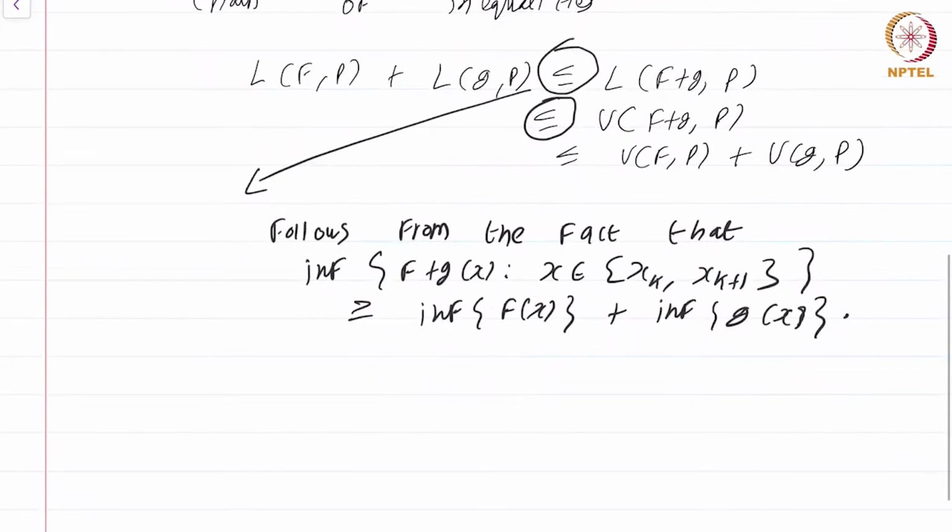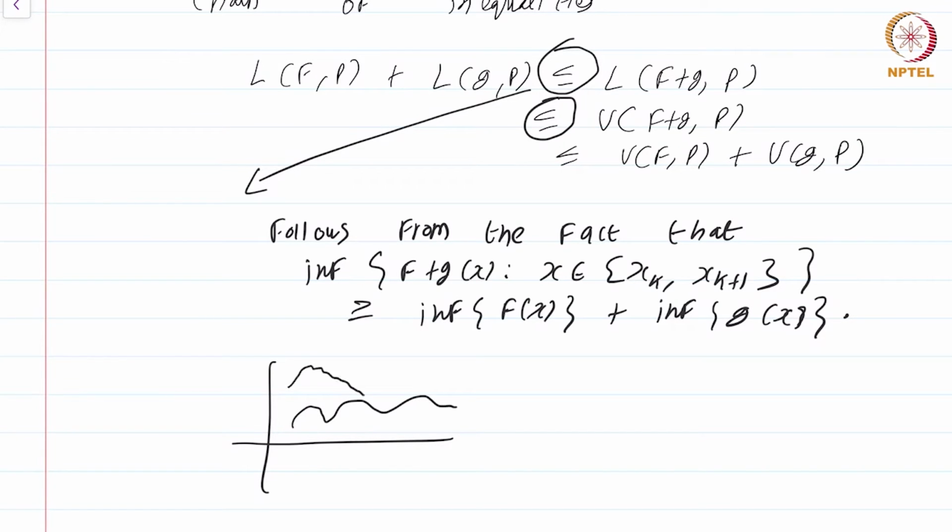What is happening is, when you take the sum of these two functions, a graph will illustrate it. If I take this to be the graph of f and this to be the graph of g, the minimum of the function f is clearly here, whereas the minimum of g is here, and they are not coinciding.